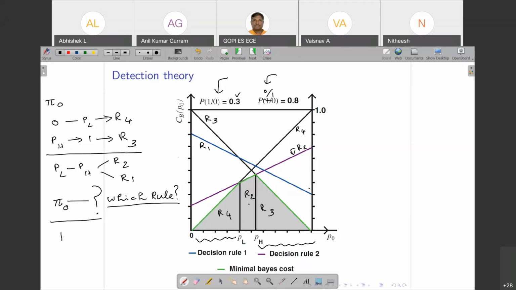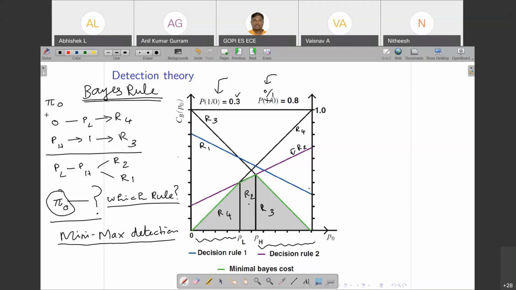What we call the minimax detection rule. What is that? We'll discuss in the next class. The idea is, if the pi naught is not known, then what could be the better choice for choosing the rule? Always Bayes rule is the best. Whatever we have done, that is the best.